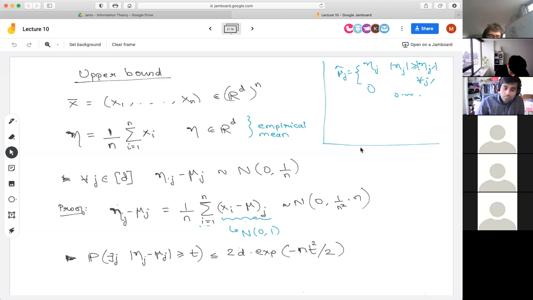So let me clarify the notation. Okay. This is our estimator. Oh, okay. This is just the empirical mean or the sample mean. The sample mean itself cannot be used as an estimator because it might have many non-zero coordinates, and we are allowed at most one non-zero coordinate, or exactly one. And mu is the true mean.